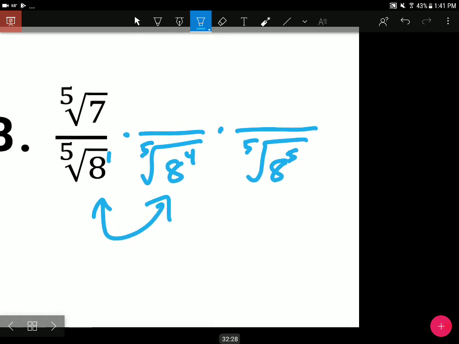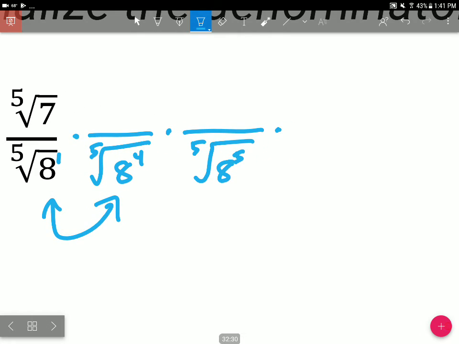All right, last but not least, those cancel each other out. And you're left with an 8 on bottom. Because the 5th root of something to the 5th just cancels each other out. Like if I square something and then square root it, if I raise it to the 5th and then 5th root it, they cancel each other out. Okay, we'll get to that. So everybody cool with the bottom?